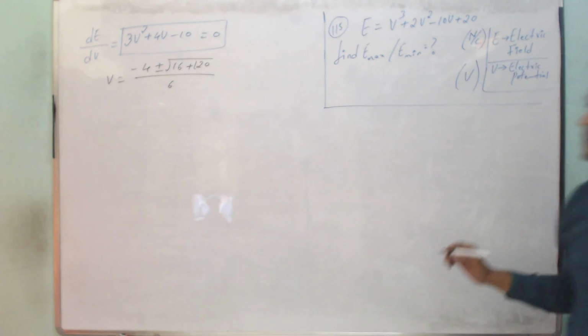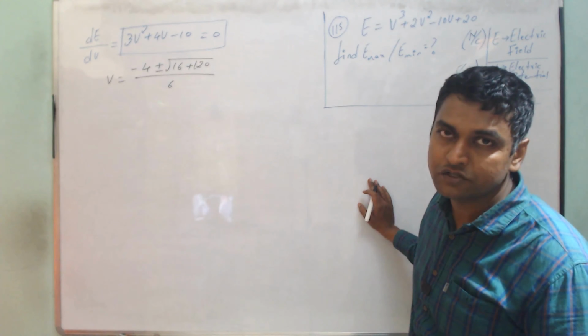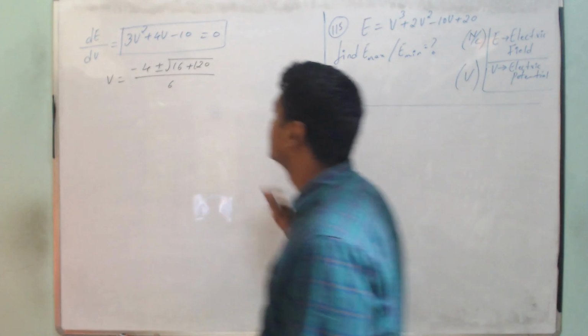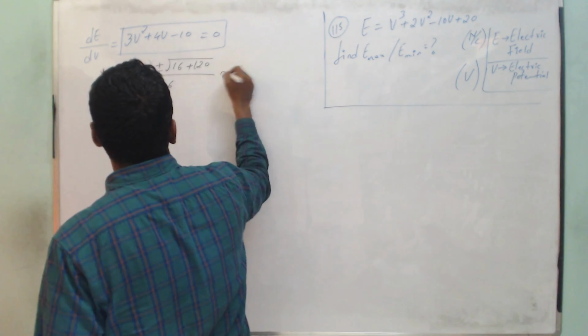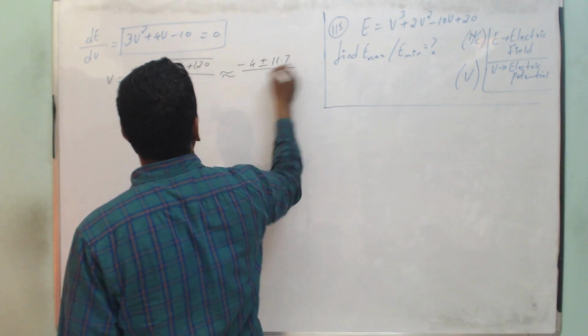120 plus 16 is 136. 144 is 12 square, so about 11.7. So approximately minus 4 plus or minus 11.7, divided by 6.